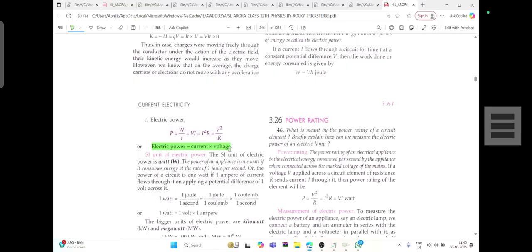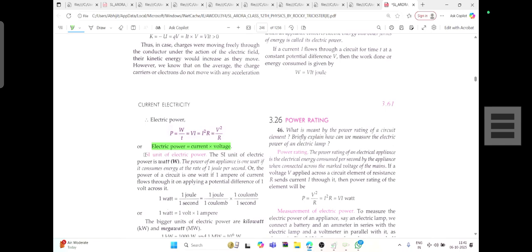That means I have already told that P is equals to W by T. W is equals to V into Q by T. Q by T is called I. So P is equals to V into I. That means electric power is equals to current into voltage. That is the main formula for power. You have to use this formula for various types of problems.